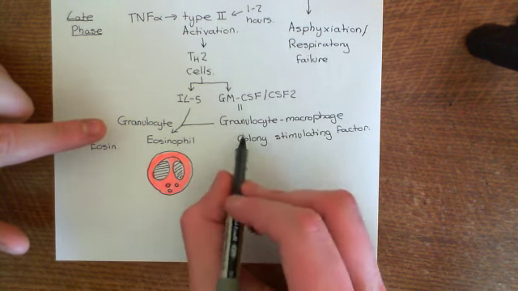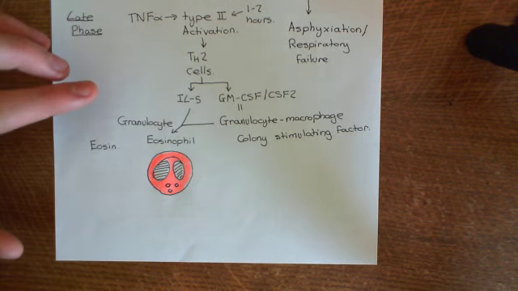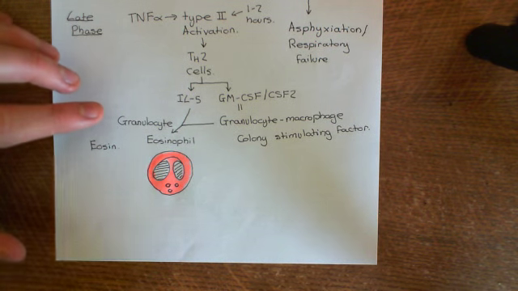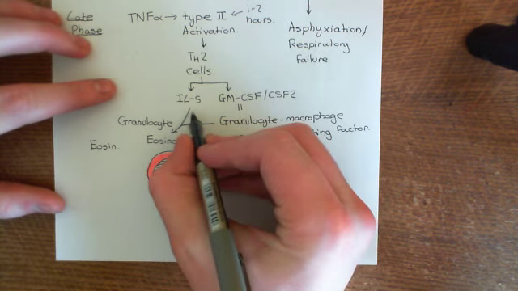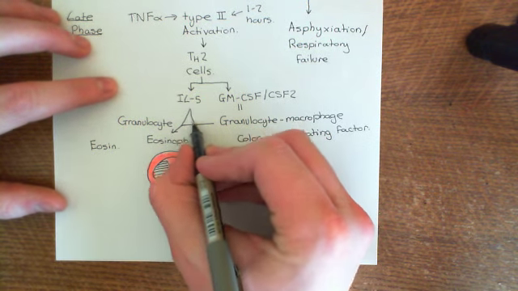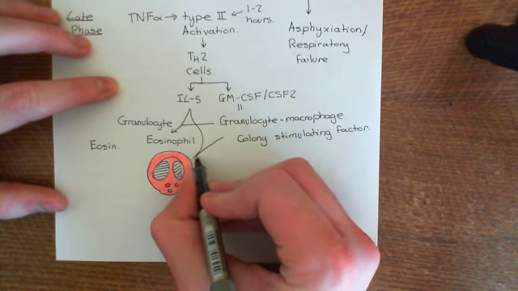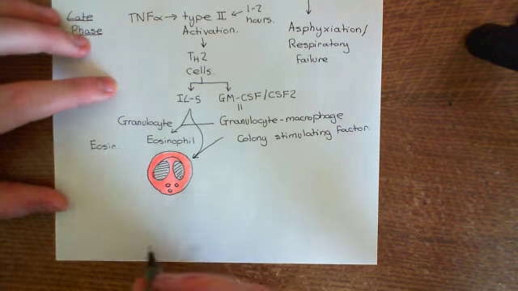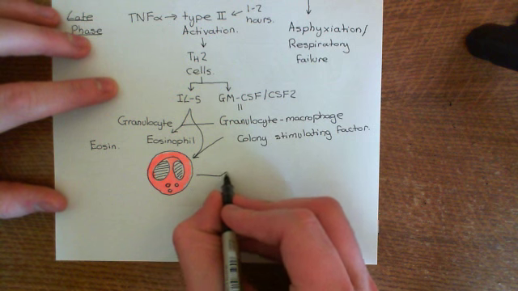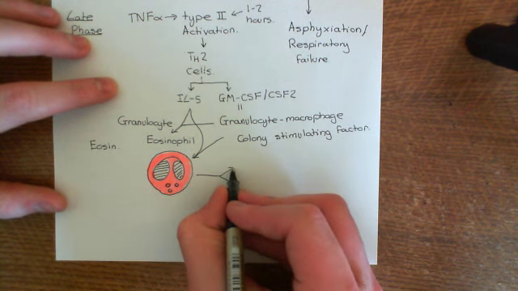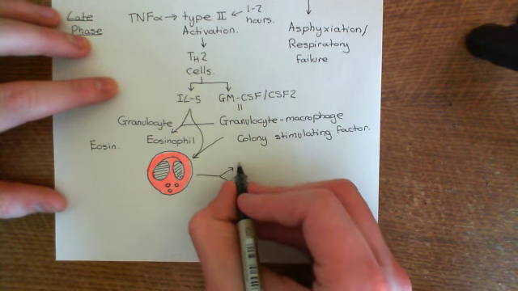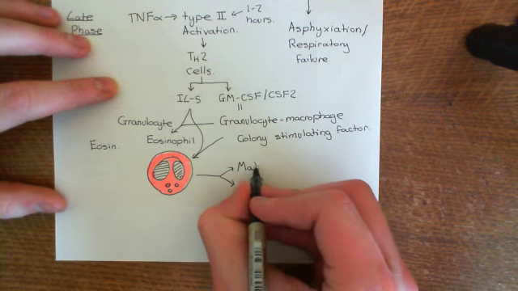So interleukin-5 and granulocyte macrophage colony stimulating factor were involved in bringing the eosinophils into the lamina propria, but now they're also going to act on them directly. These are going to activate them as well, and they're now going to start releasing these horrors that are within these granules. So what horrors are within the granules of eosinophils?